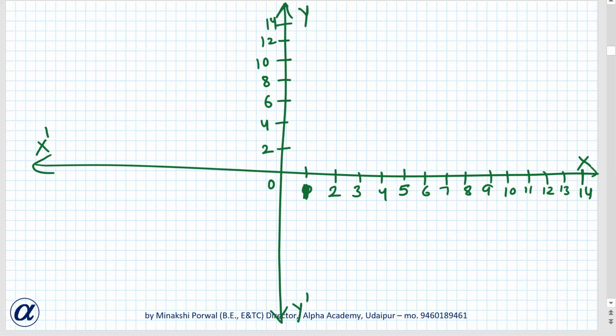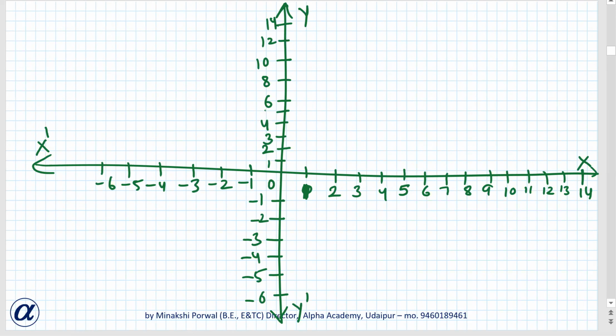On the negative side, -1, -2, -3, -4, -5, and -6, and here also -1 to -6. Here I have taken it this way, but there can also be 1, 2 marks. If we want, we can mark this way.